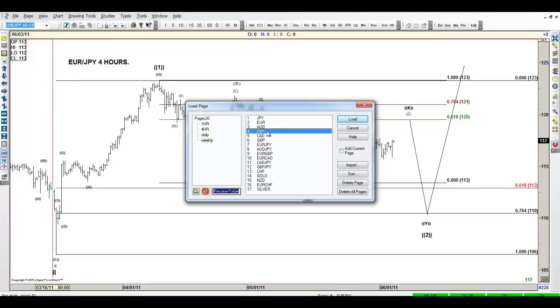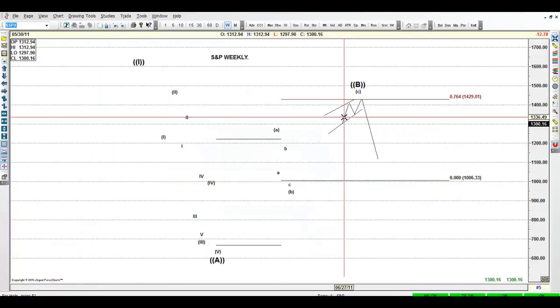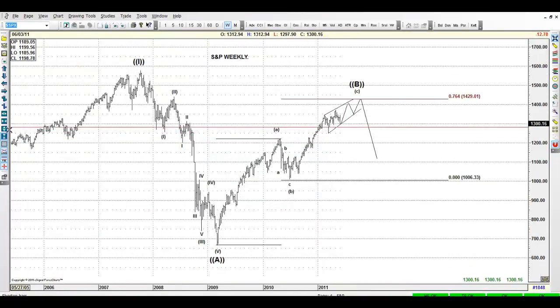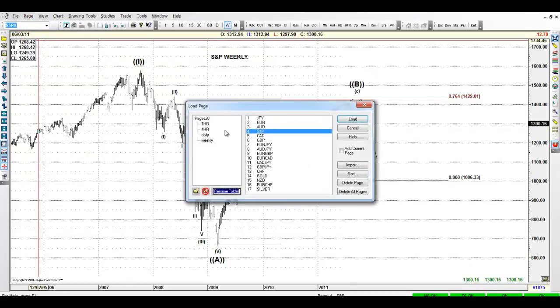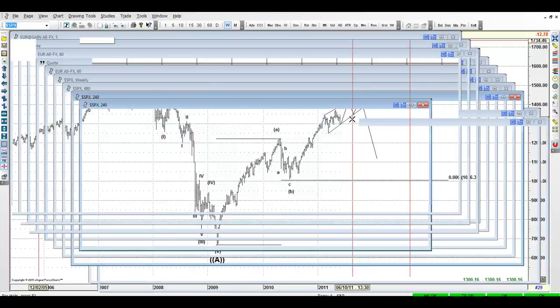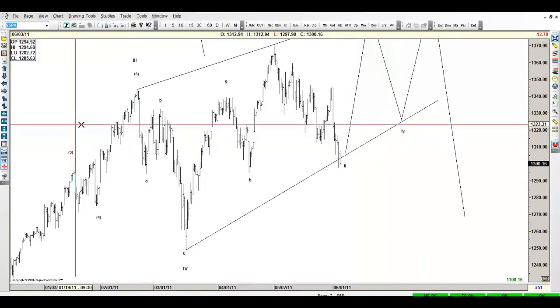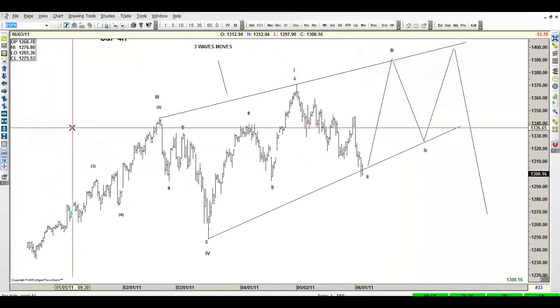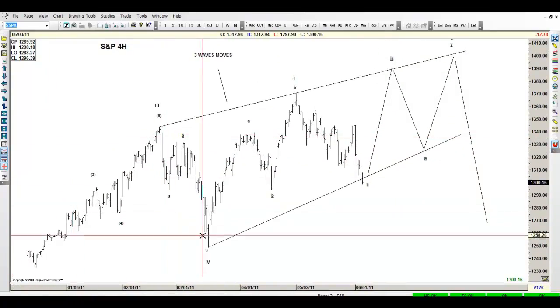So we're trying, guys, to open your minds and show you that this can be counted both ways. As we speak, it's not that you cannot take positions. Of course, if you want, you can. But I think as a waver or as a trader, you need to wait for more data. This is the S&P.